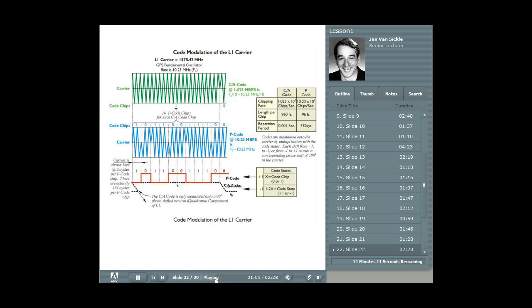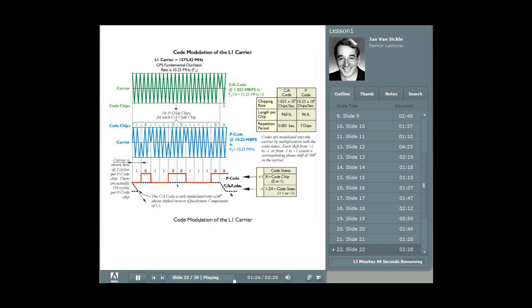Now L1 is at 1575.42 megahertz. That's its rate, which is a multiple of the fundamental clock rate, 10.23 megahertz. But again, you see the green wave going up and down, up and down, up and down on a regular basis, like a sine wave, and then it comes to the 180 degree shift, and at that moment the code chip switches.